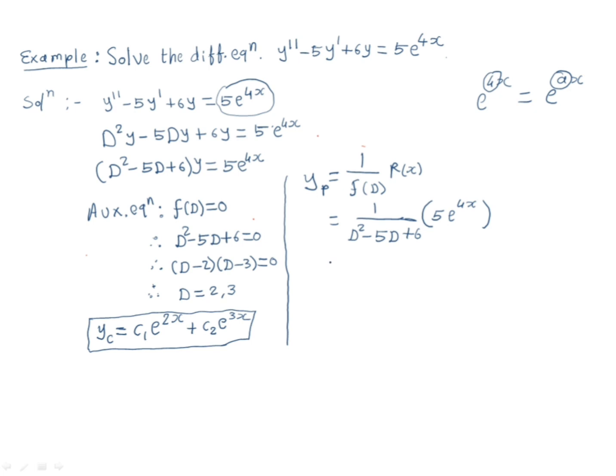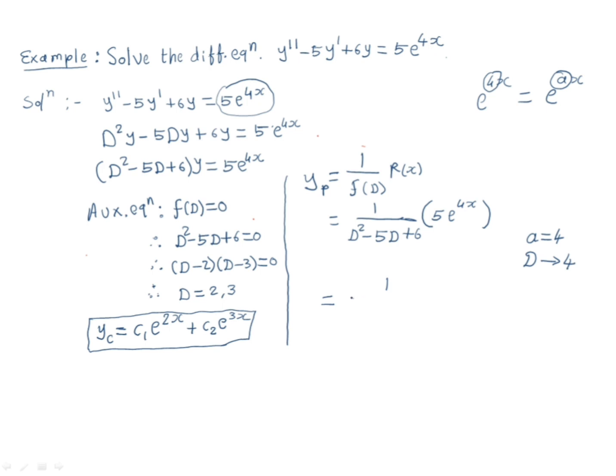In our first shortcut method, we replace d with a in this term under the condition that the denominator must be non-zero. Right now a is 4, so I replace d with 4 in the denominator. One can clearly observe that as 4 is not a root of that quadratic equation, it will not become 0. So surely I can do that.